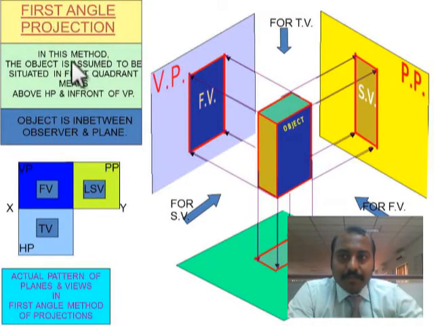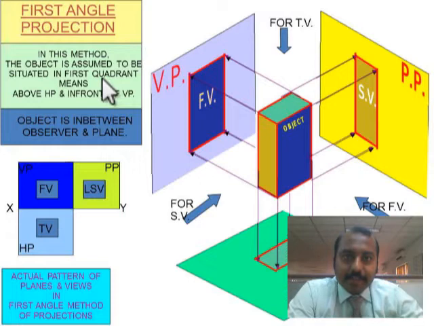In this method, the object is assumed to be situated in the first quadrant. Hope you all know about the various quadrants, the 4 quadrants: first, second, third, and fourth. In these 4 quadrants, you'll be able to see 2 lines, 2 reference axes. One is the horizontal axis, or the x-axis, and the other is the vertical axis, or the y-axis.